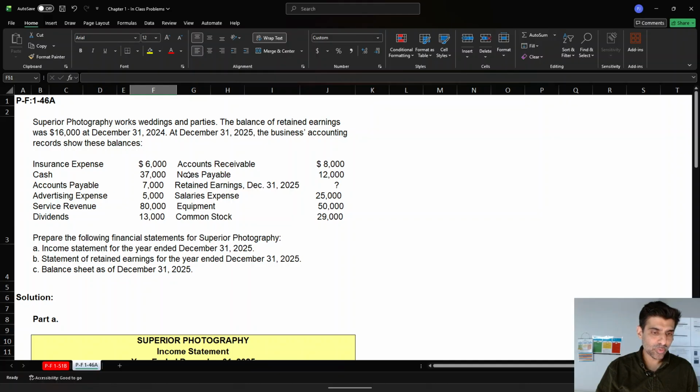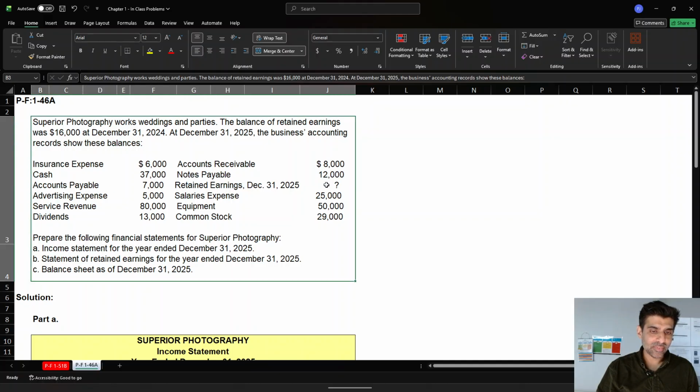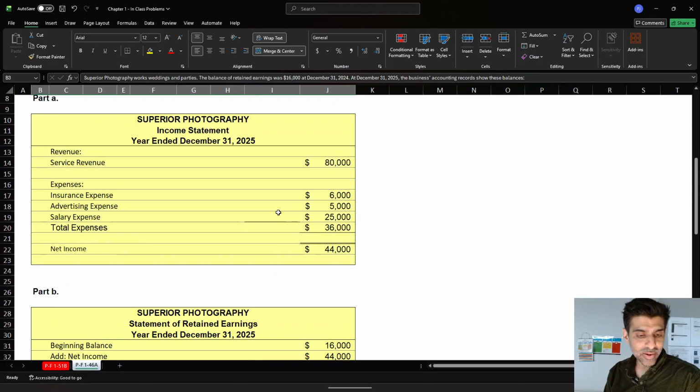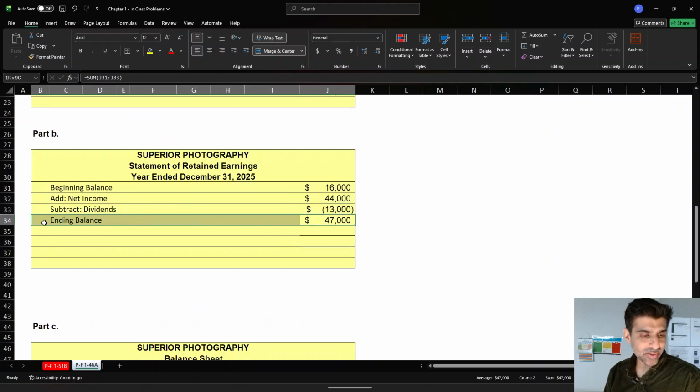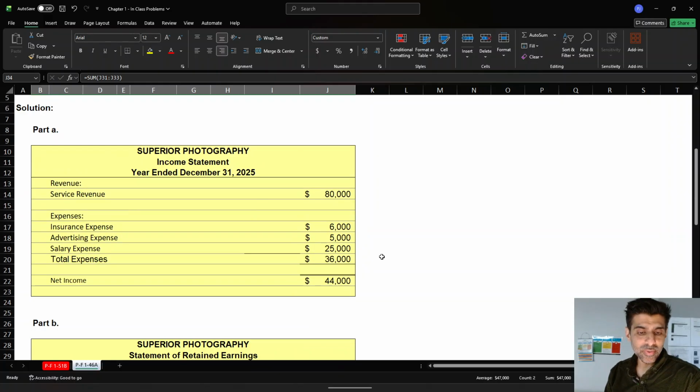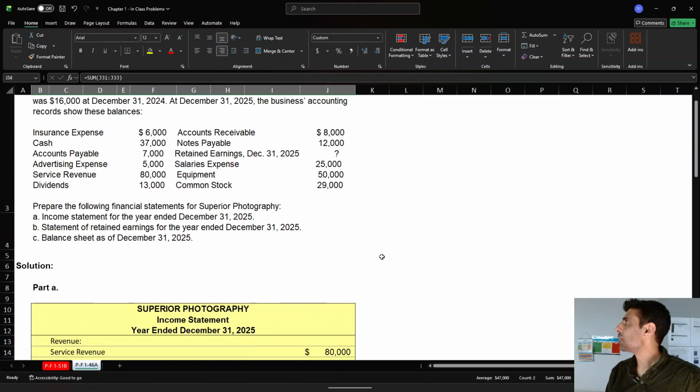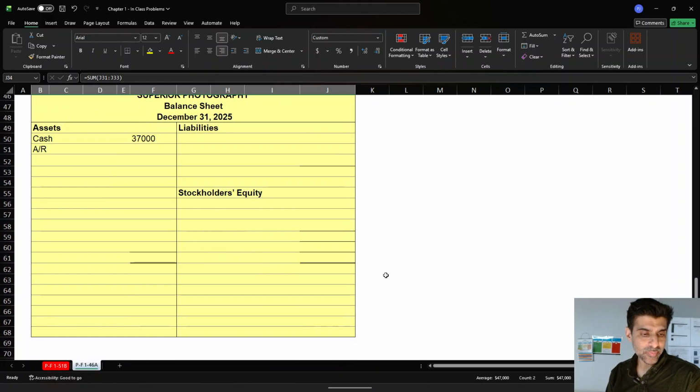Accounts payable, notes payable. We just calculated the retained earnings balance as of the end of the year. So now you have everything you need to complete your balance sheet. Go ahead and try to do that.